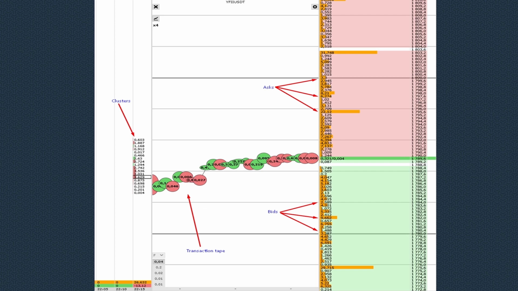In the transaction tape, there were suddenly a majority of green prints, which means the buyers are activated and starting to put in their long orders, and the price changes direction. Or, for example, there was a big volume in the limit part, and the price just bounced from it. So it's very important for us to analyze the market book.